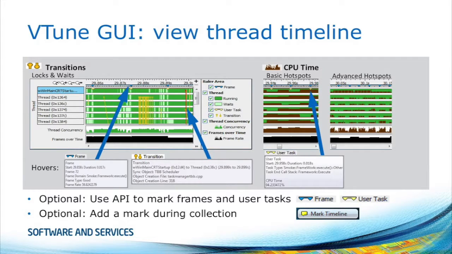Anytime you take a lock, it will tell you which thread was waiting on the lock, who was the thread who was waiting, and who was the owner of the lock when this particular thread started waiting on it. So there's a lot of information that you can get from the tool. And then you can have frames and user tasks, and you can mark the timeline both by clicking a button on the GUI, but also programmatically from an API that you can call from your code if you wish to.